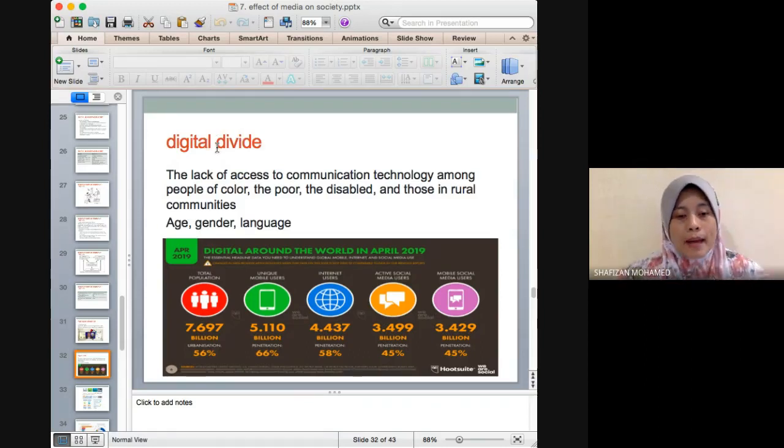You know, it could be macro, where you compare developed countries and underdeveloped countries. Or you can compare with your own life experiences. You may be using a Nokia 3310, no data. But most students have data lah. But imagine you have the cheapest phone, and your data is very small, very slow.